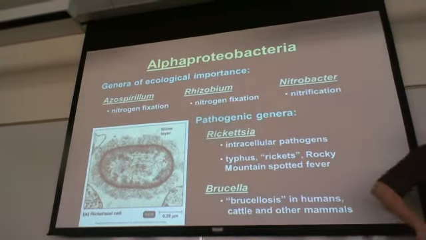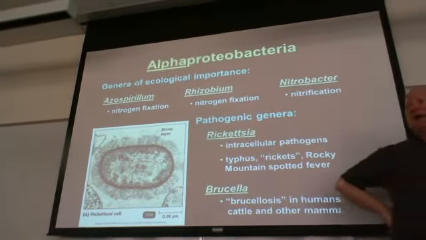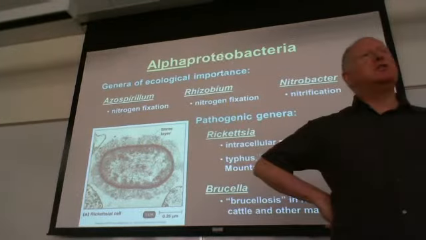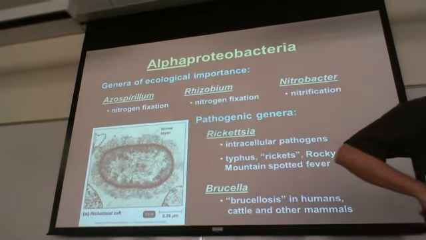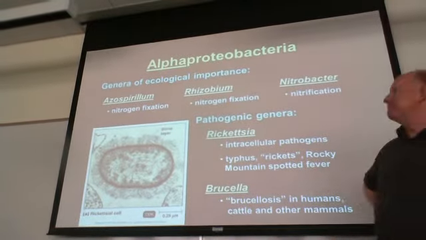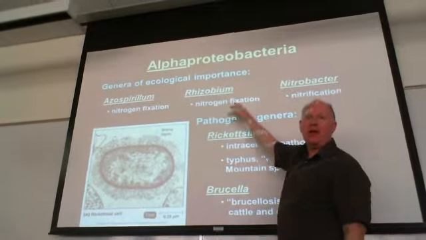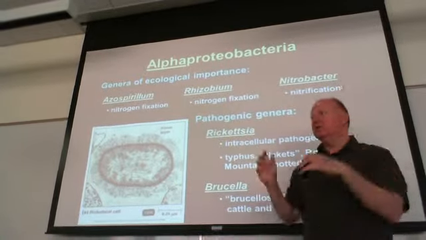The legumes, okay, lentils, beans, that kind of thing, as well as alfalfa. They're actually associated with the roots of these plants and make nitrogen available by fixing nitrogen gas that's in the air that percolates into the soil.